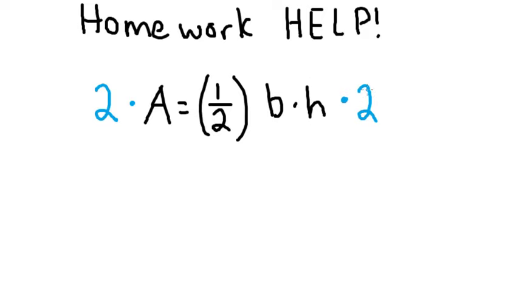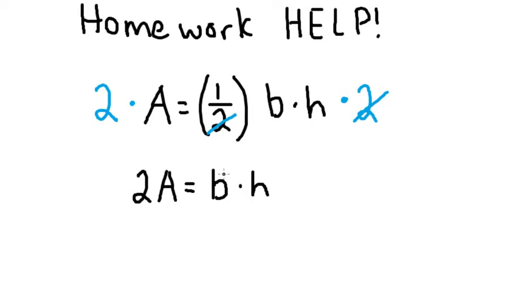Because if you both multiply and divide by the same number, it goes away. So that would leave us with 2a is equal to b times h. So we got rid of this 2. We still have the 1 in the numerator, but 1 times anything is just itself. So we don't need to write that 1.